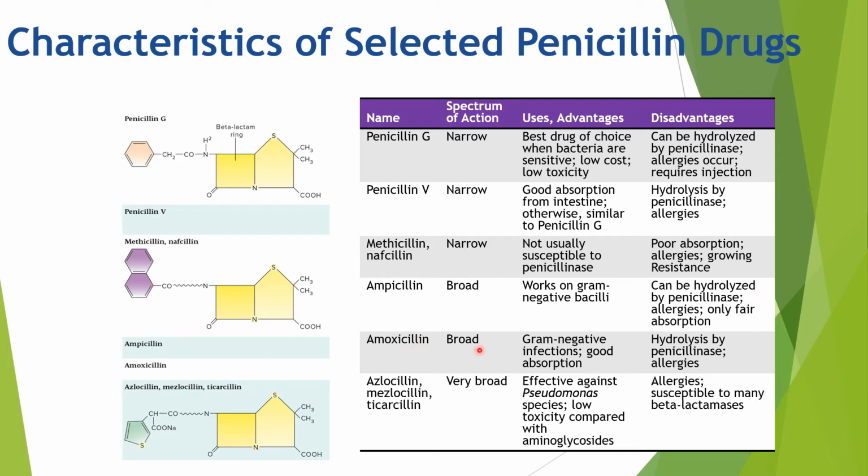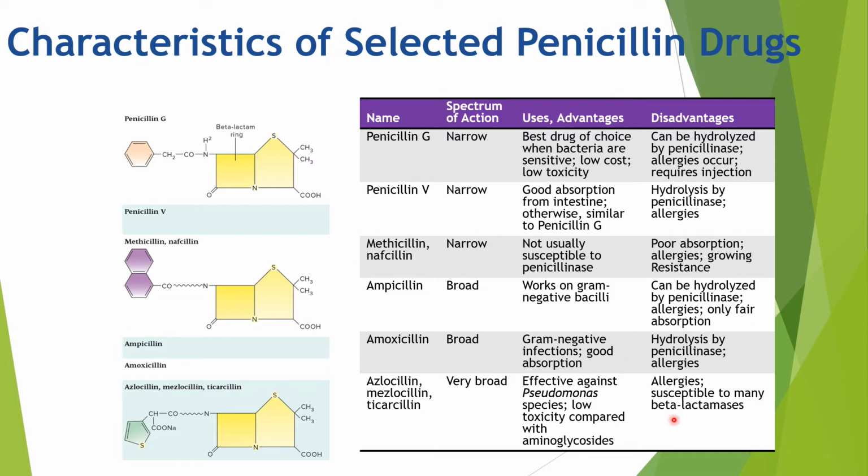Amoxicillin is another one. It's another version of the penicillin. It's more broad because it's also going to target both gram-positive and gram-negative infections, and it has a pretty good absorption rate.